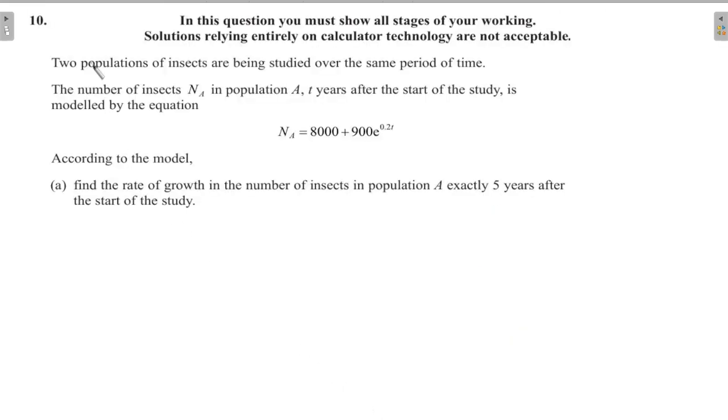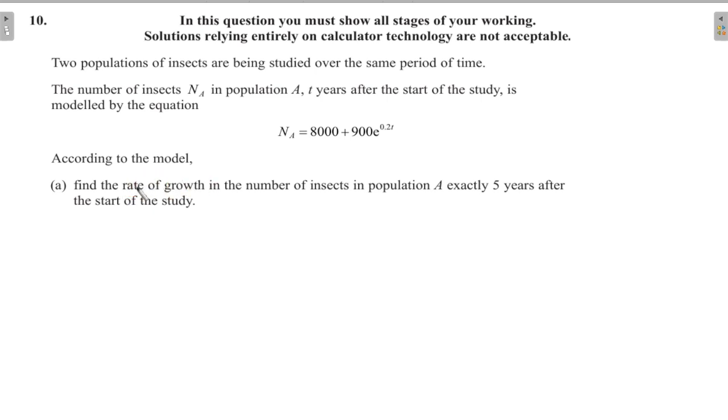Question number 10. Two populations of insects are being studied over the same period of time. The number of insects N in population A, t years after the start of the study, is modeled by the given equation. According to the model, find the rate of growth.